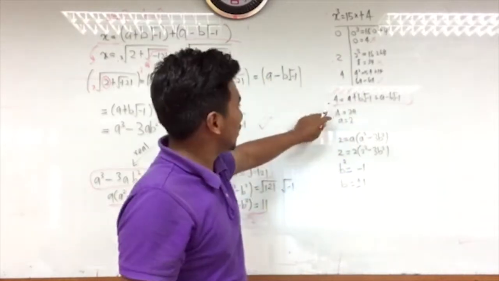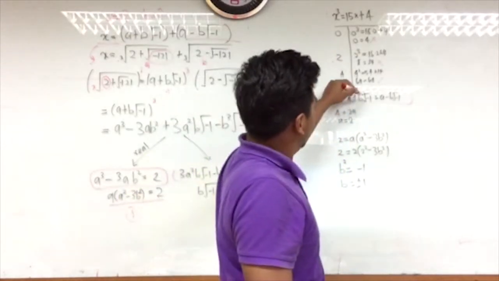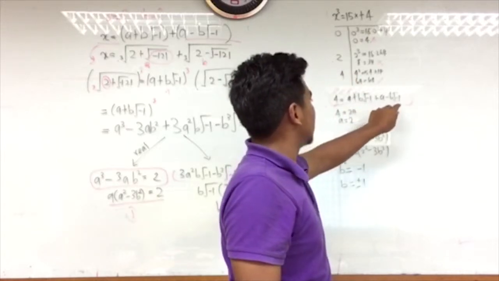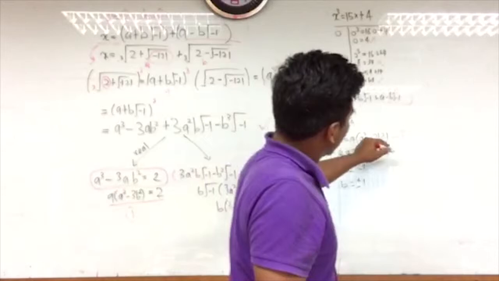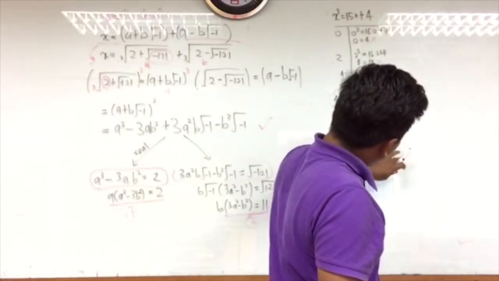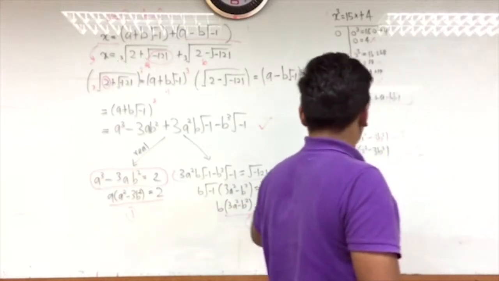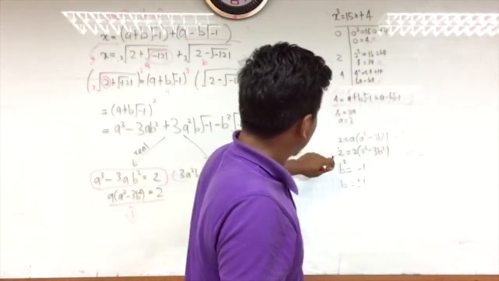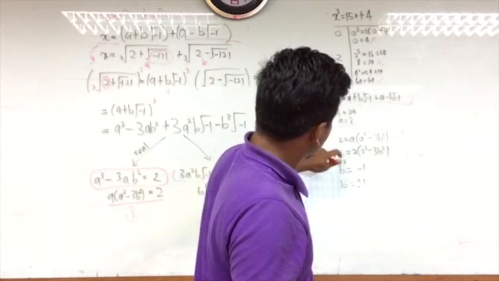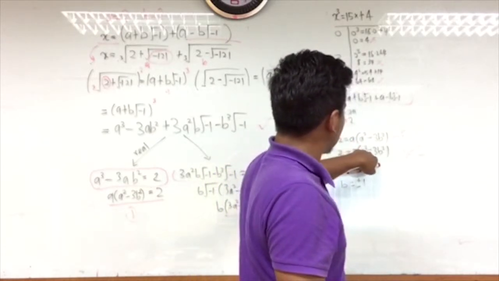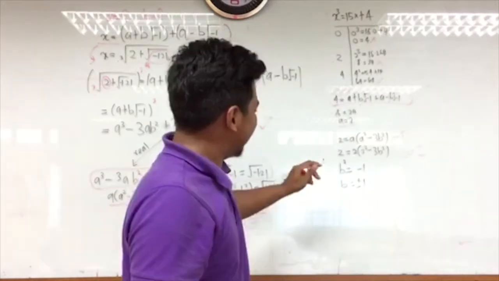So I take that x equal to 4 into my equation, which is a linear equation. So we get 4 equal to (a plus b square root of -1) plus (a minus b square root of -1). By using substitution, we get a equal to 2. Putting that into our formula, we get a new equation, which is 2 equal to 2 times (2 squared minus 3b squared).